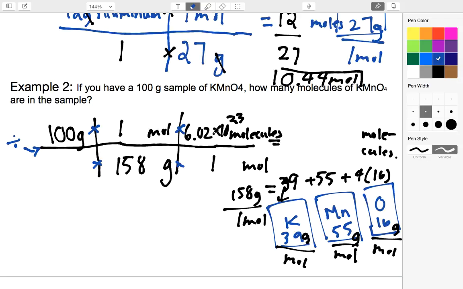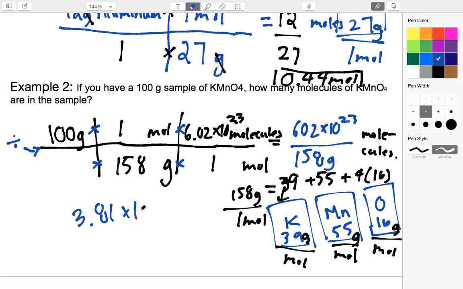If I multiply straight across, I should get 602 times 10 to the 23rd divided by 158 grams times 1 mole. Divide these two numbers, and I will get the exact same number as in method 1, which is 3.81 times 10 to the 23rd.